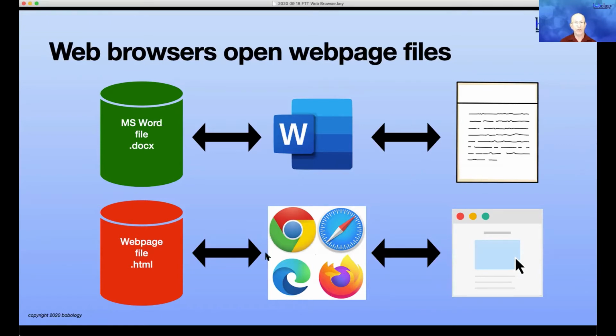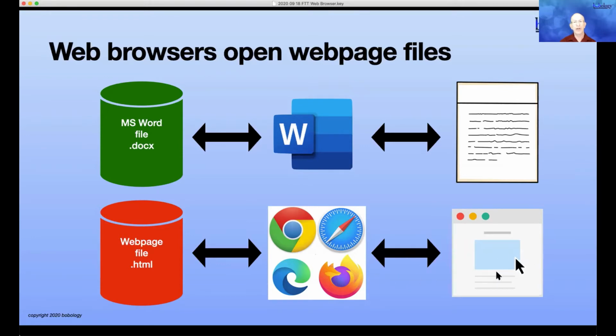Web browsers let you open up web page files that usually end in an extension called .html, and that stands for Hypertext Markup Language. It's an industry standard, and so it's very easy for a web page browser like Chrome or Safari or Edge or Firefox to open up a web page.